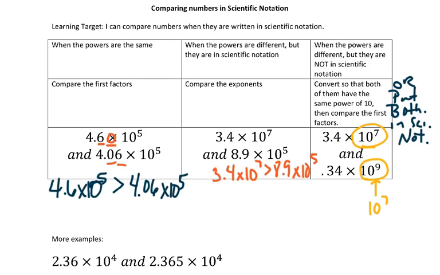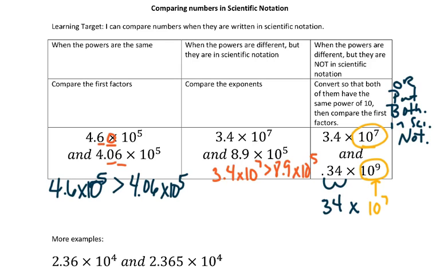Now, the idea is which direction we need to move the decimal. So the top one, right here, 10 to the 9th means we take this decimal point and we move it 9 times to the right. If I only want to move it 7 times to the right, it needs to start 2 places over. So it would be 34 times 10 to the 7th.